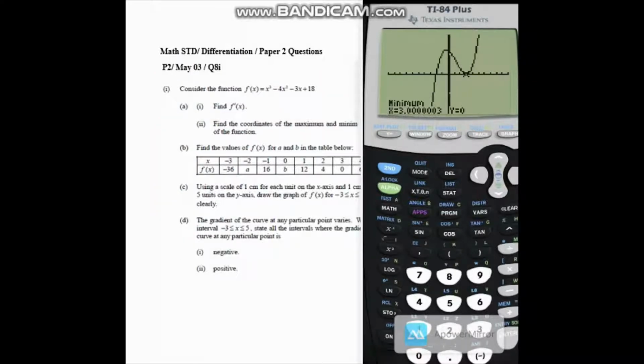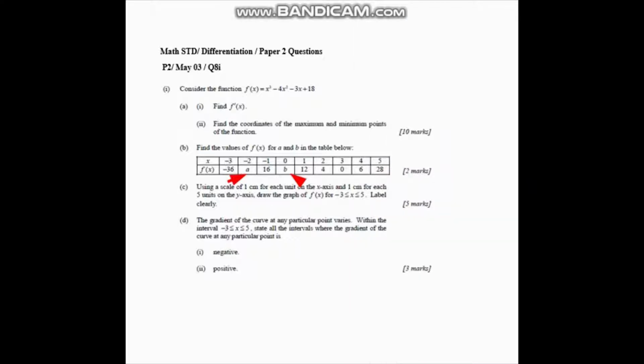Next, in question B, I'm required to find the values of A and B of f of x in this table below, and there is my A and there is my B. There is a nice calculator function to do that for you. Second, trace, value, and you simply enter the x value. So the first x value is -2. So when x equals -2, y equals 0.